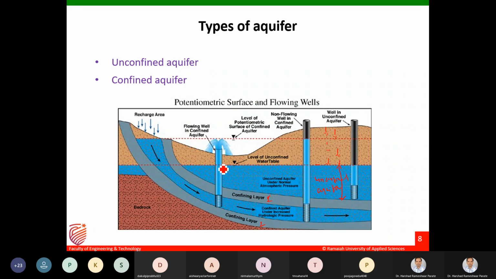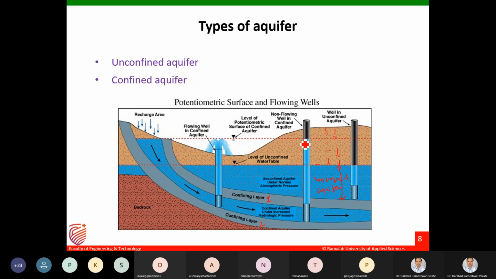So if you drill a well into a confined aquifer, just like you can see here, the well has been drilled in the confined aquifer. Since the water is at pressure, the water level is always higher than the water table present in the confined aquifer. Now you can see here the water has come out.